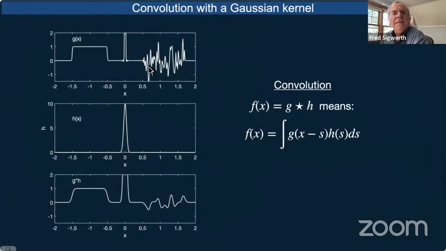So the net result is that I'm doing a smoothing operation because I'm taking multiple points of the input, weighting it by this kernel, and out comes something that's smoother. You see that? So this is what convolution is, and it's exactly what happens when a microscope looks at an object.